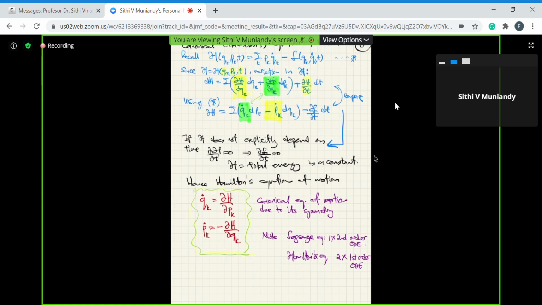So there are three changes. This is calculus, right? Any change comes from the change due to q, plus the change due to p, plus the temporal change. So that is just the total change.